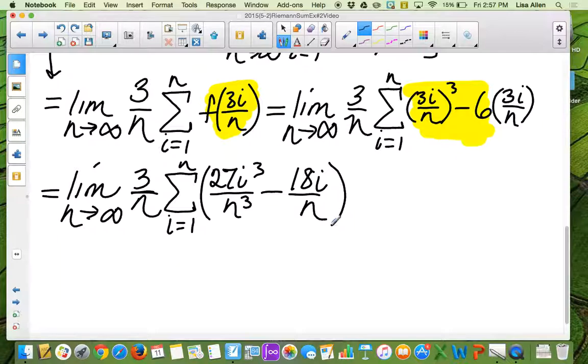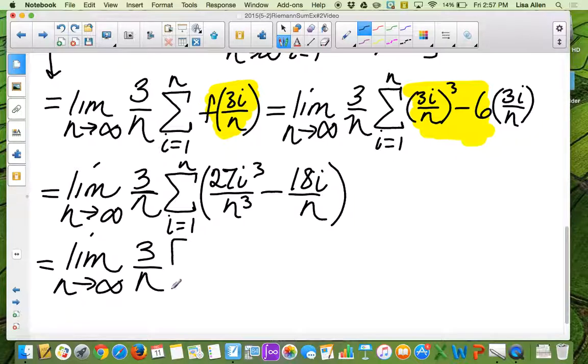On the next step, I'm still taking the limit as n approaches infinity of 3 over n times 27 over n cubed times the summation.